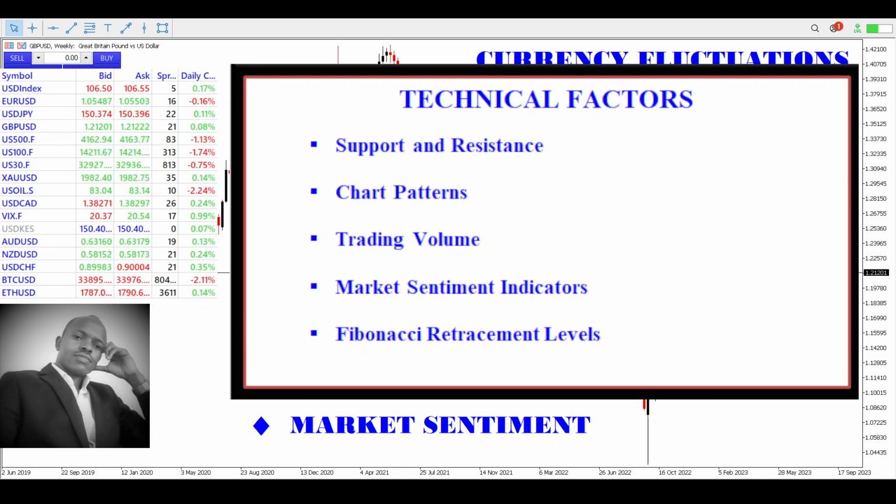Then the next technical factor is the market sentiment indicators. Tools like the Commitment of Traders (COT) report usually provide information on the positions of institutional and retail traders, allowing traders to gauge market sentiment.